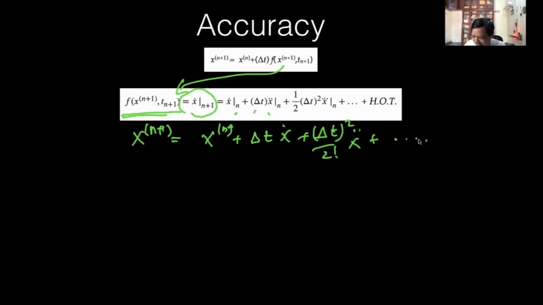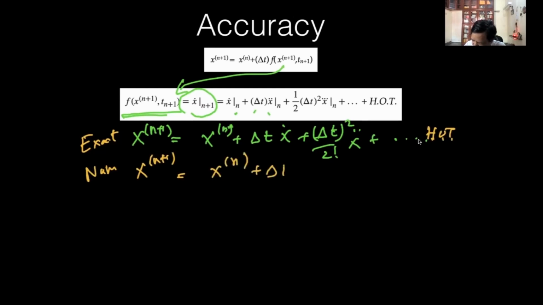So what does Euler give us? For Euler, this is exact. Of course, I have to keep all the terms. I use the notation HOT, which means higher order terms. Numerical will be x_{n+1} equals x_n plus delta t, and just substitute these things here, f, right?